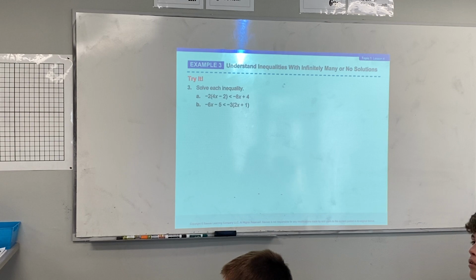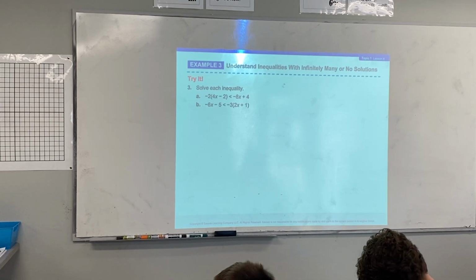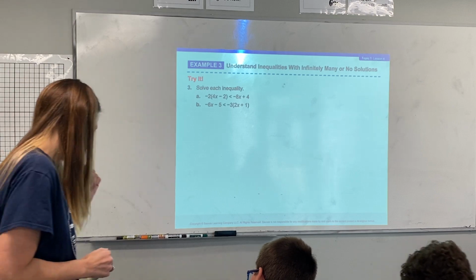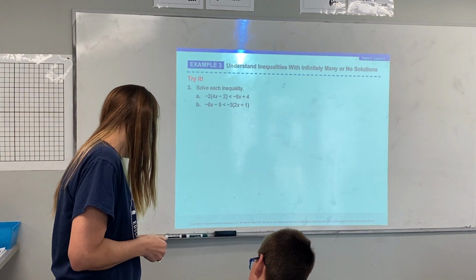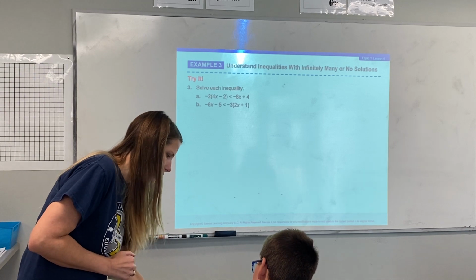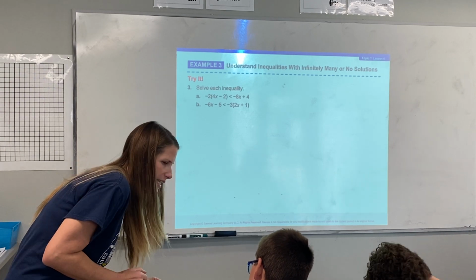Is this A? Wait, where's A? So, this is correct. This is correct. And the correct way to write that, even this is correct, it's the correct statement.